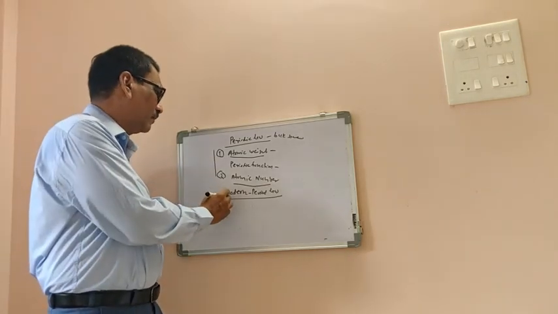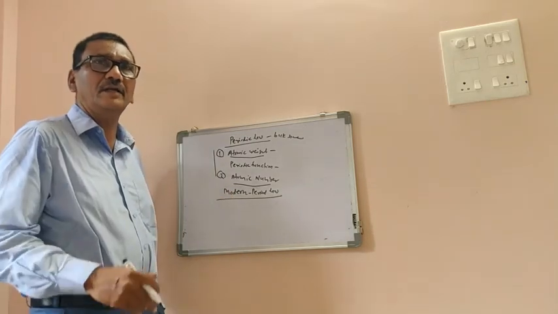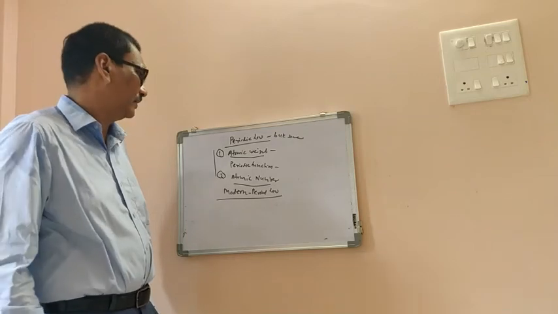That's why the modern periodic law is based upon the atomic number and the electronic configurations.